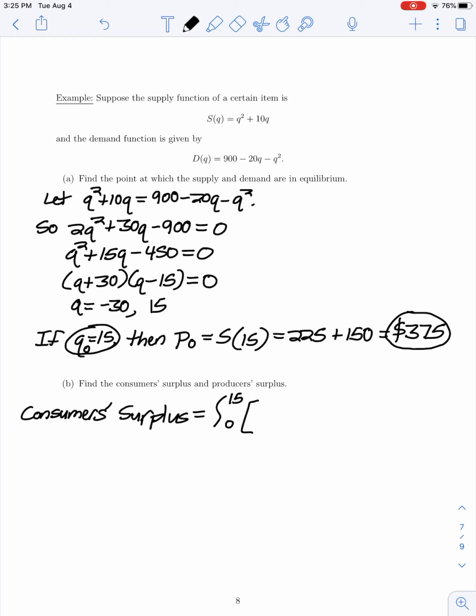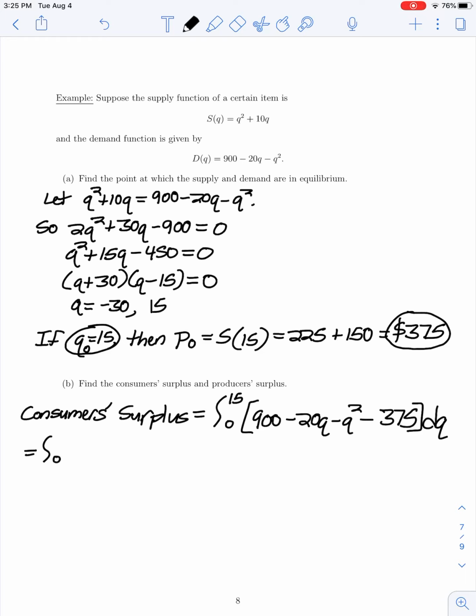The difference in the demand function, which is 900 minus 20Q minus Q squared, minus the equilibrium price, which was 375, integrating with respect to Q.